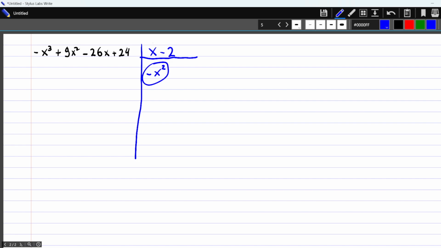Minus x squared times x is minus x to the third power, so I go down here and I put the exact opposite. Minus 2 times minus x squared is plus 2x squared, so I go over here and I put the exact opposite, minus 2x squared.